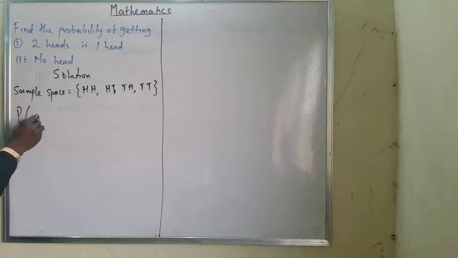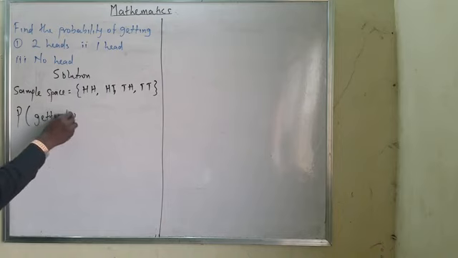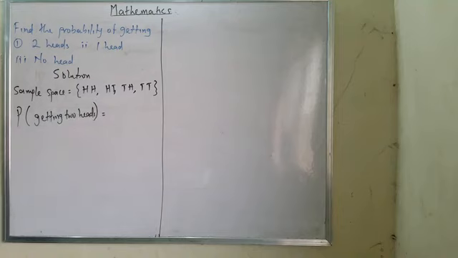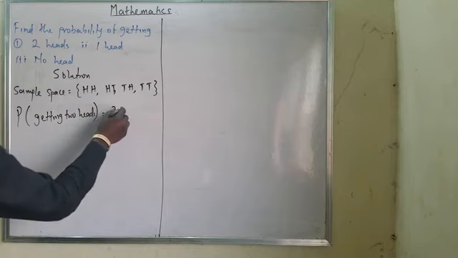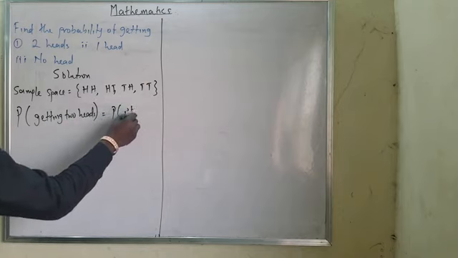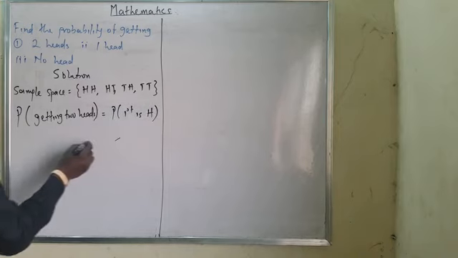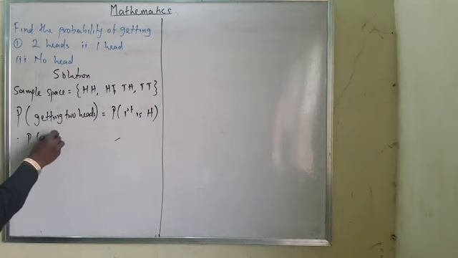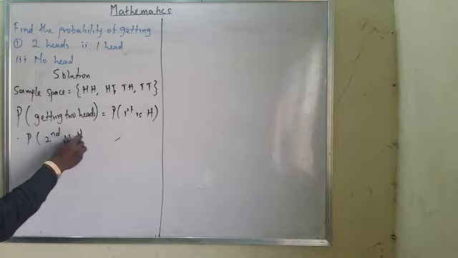Probability of getting 2 heads is equal to the probability that the first is head and the probability that the second is head.